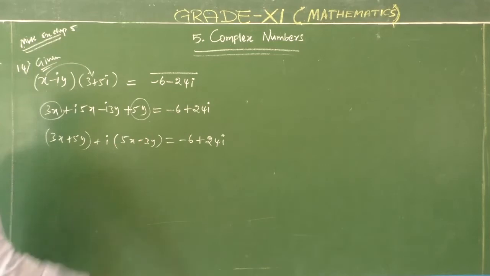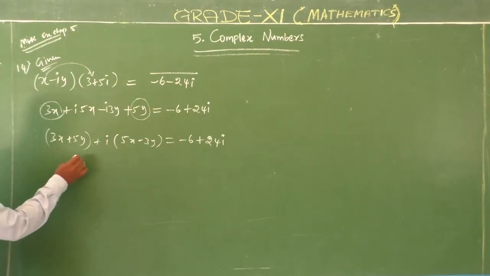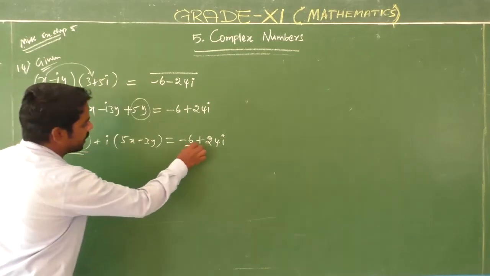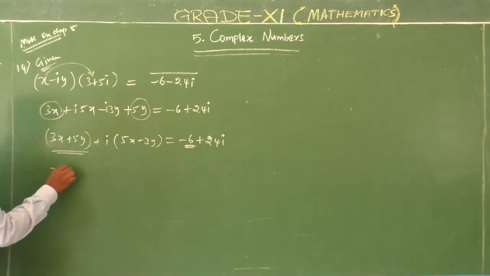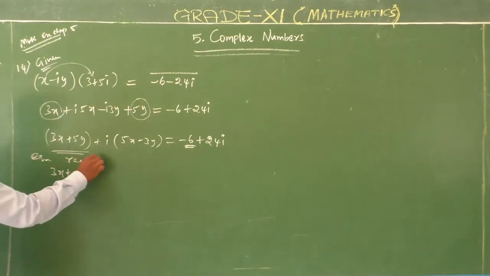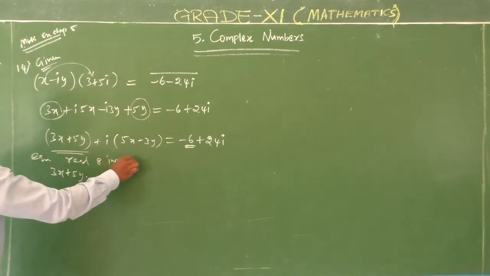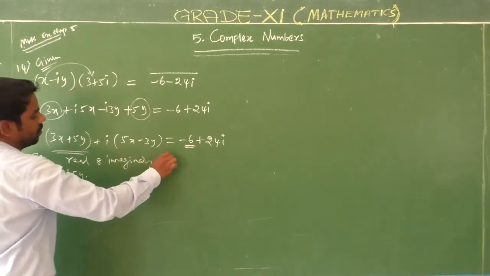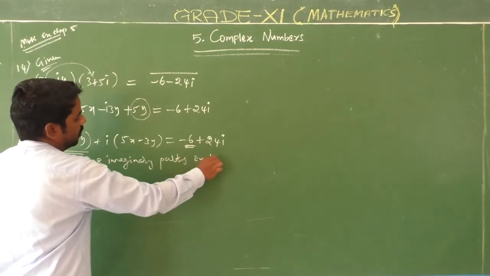Two complex numbers are equal, so compare the real part and imaginary part by equating real and imaginary parts on both sides.